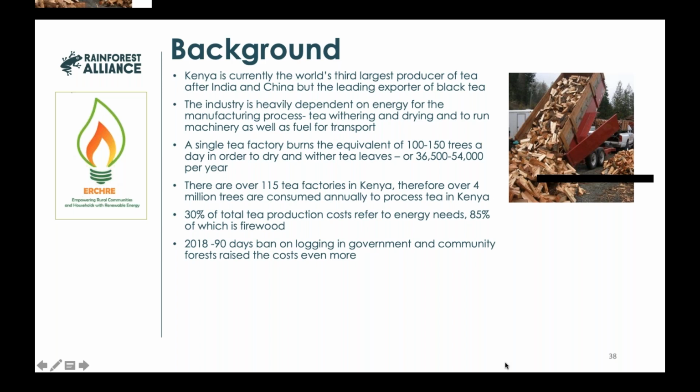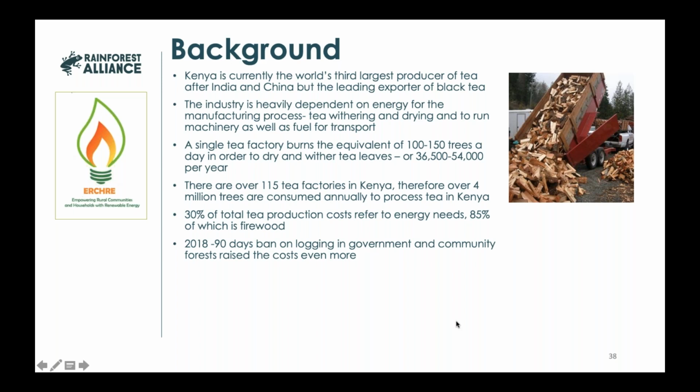A baseline research done by RA in this project revealed that each factory consumes up to 54,000 trees per year. And with over 115 tea factories in the country, you can do the maths, and you'll realize we consume over 4 million trees annually in the country for tea processing.